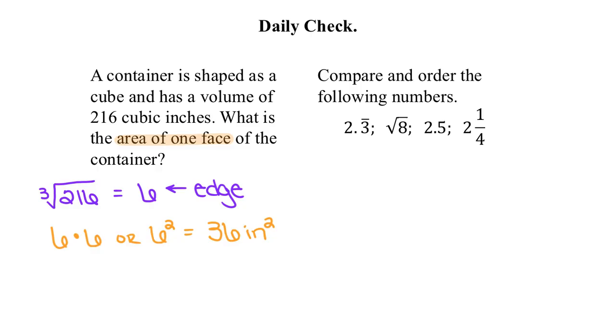All right, the second question, we're going to compare and order those numbers. And we have decimals, we have fractions, and we have a square root. Absolutely. Okay, so first you have to work out the ones that are not in decimal form.